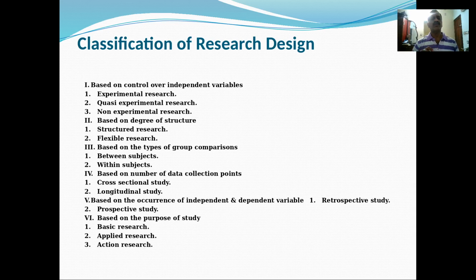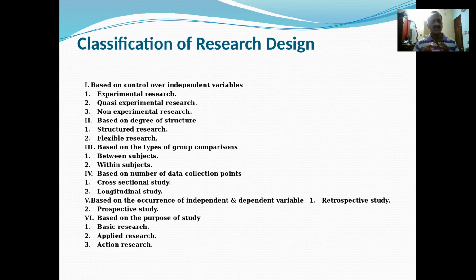And the fourth type of research design is based on the number of data collection points, how many times we collect data. If we are collecting the data at only one point, this is called a cross-sectional study. And if you collect the data many times, it is called a longitudinal study or a progressive study.